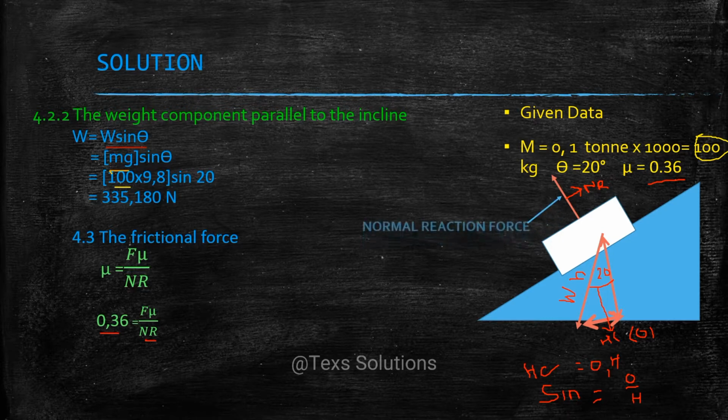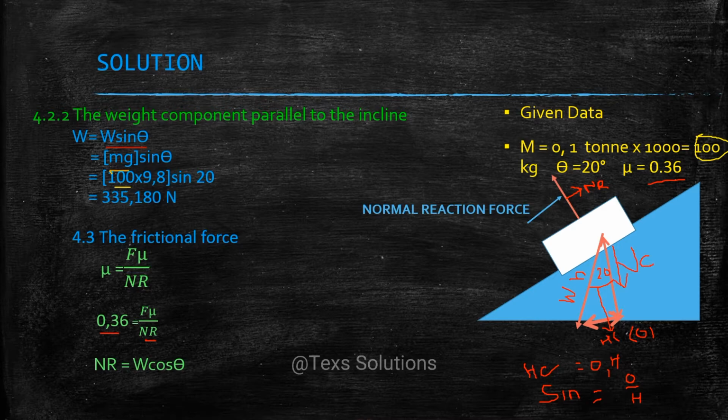Okay, since the object is in equilibrium, we should find that the normal reaction force going up should equal the vertical force coming down. If I look very carefully at this diagram, I have one other vertical force coming down. It is this vertical component of your force of gravity, or your weight.